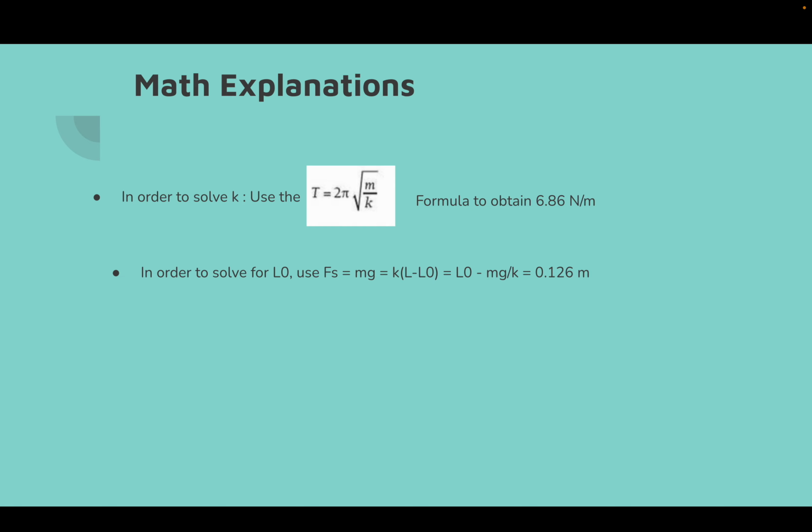I used the period formula to obtain k by plugging in everything and solving for k. I already had T and m and 2 pi as a constant. Then in order to solve for L naught, I used Fs equals mg, which is also equal to k times L minus L naught, the spring formula for the force. Using this, I solved for L naught, which is 0.126 meters.